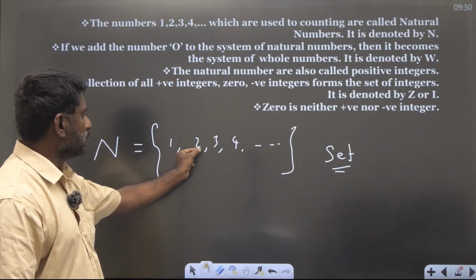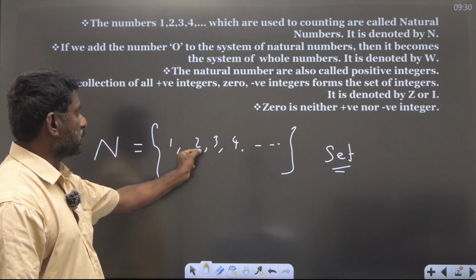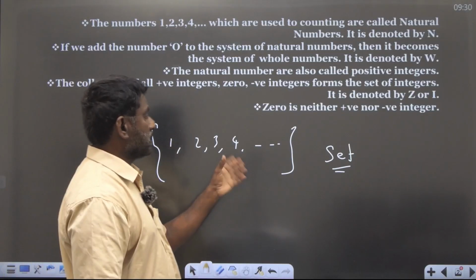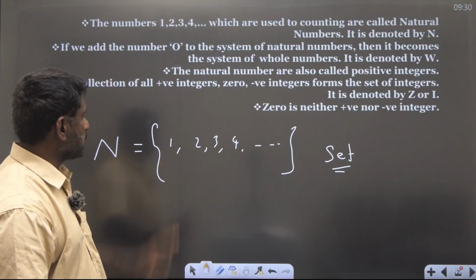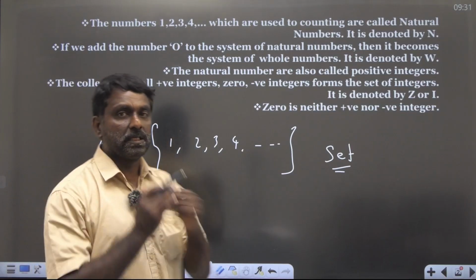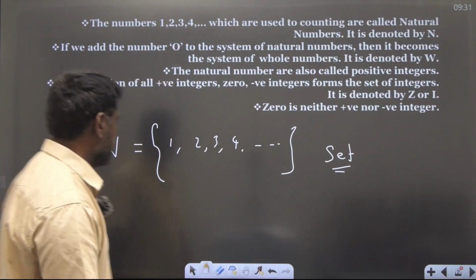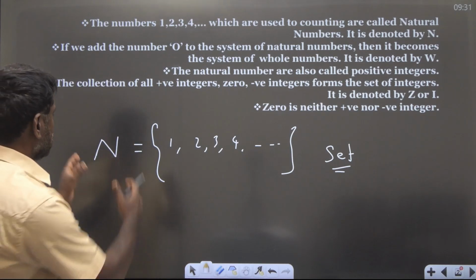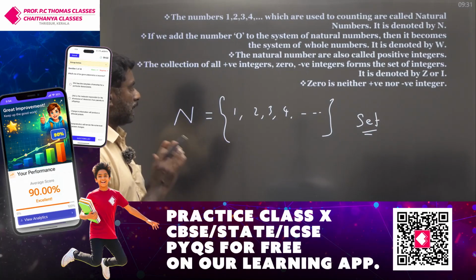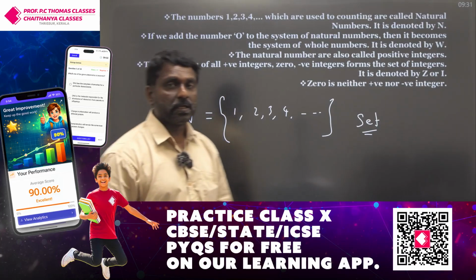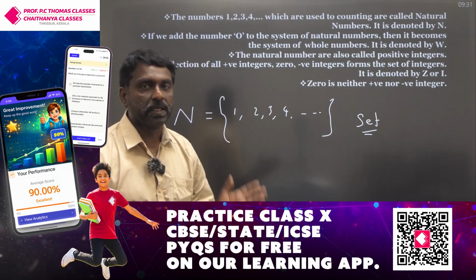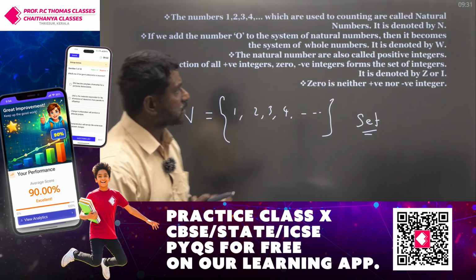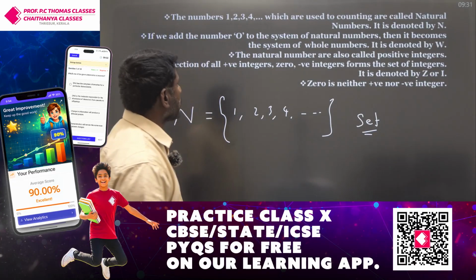Set of the integers 1, 2, 3, 4, etc. The first number is 1, but it consists of an infinite number of numbers. That is, N is equal to 1, 2, 3, 4, etc. This is called the system of natural numbers, system of counting numbers. Already you have studied it in your lower classes.